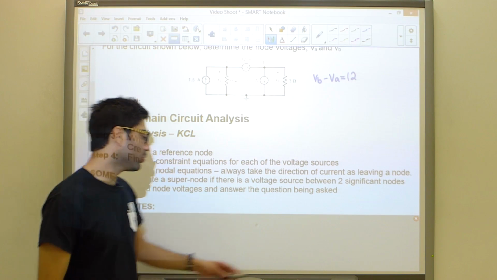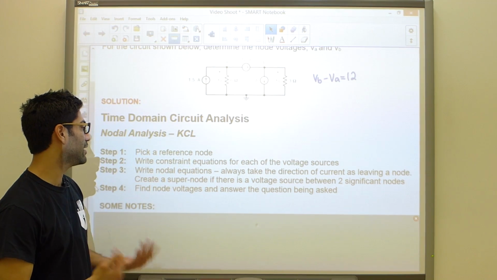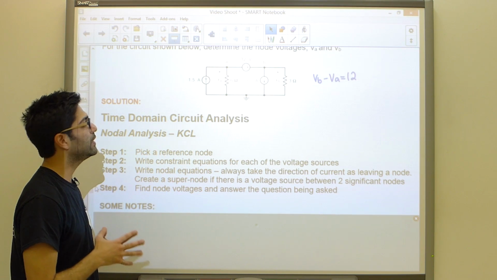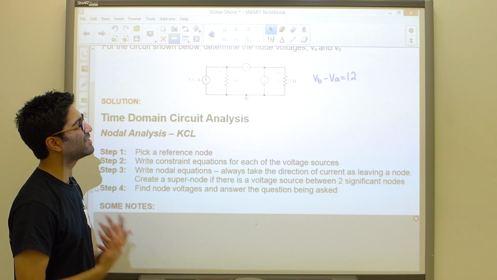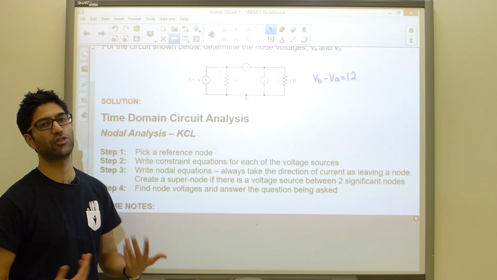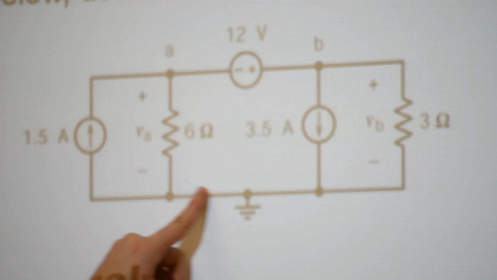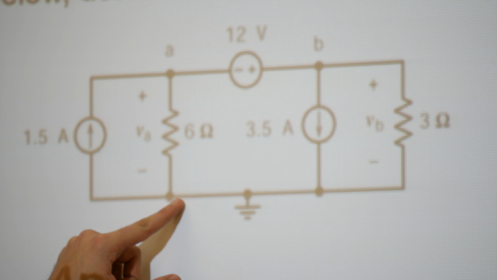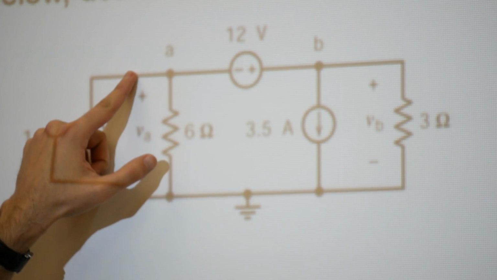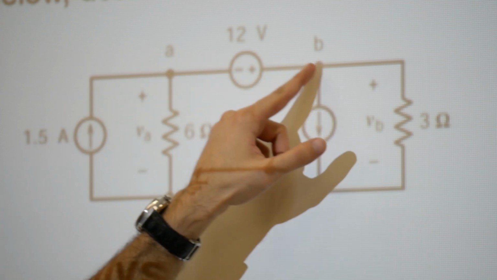Next, you're going to write nodal equations for every significant node. A significant node is a node that you do not know the voltage at. For instance, this bottom node here would not be a significant node because we know it's our reference, it's equal to 0. But every other node, I don't know the voltage here, I don't know the voltage there.